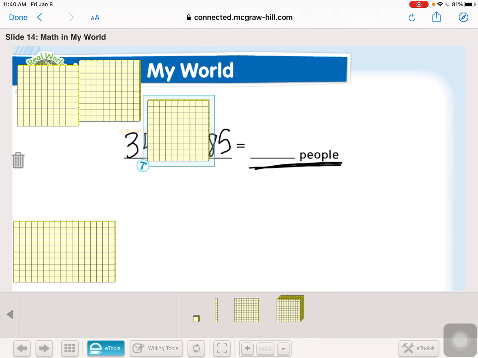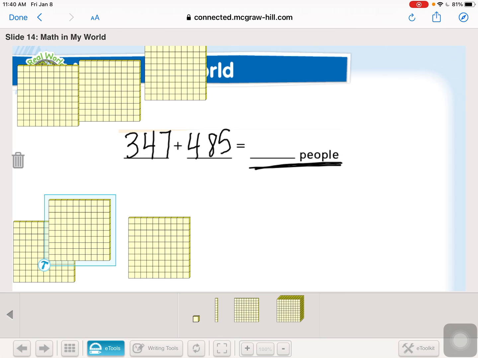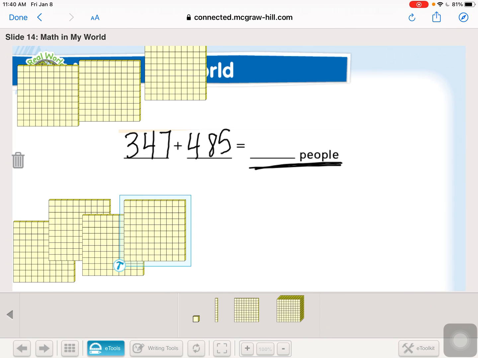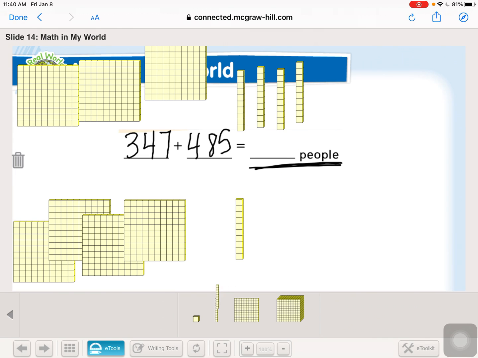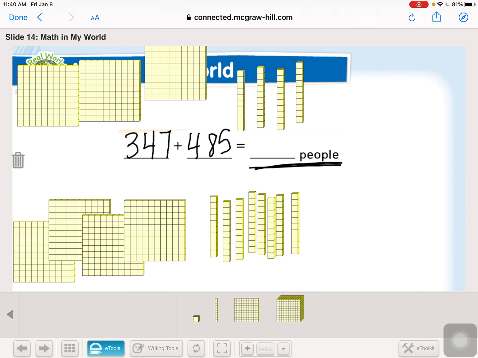Actually, let's move these up. 300, 400, and then 4 tens, 8 tens, and 7 ones, and 5 ones. If you don't have enough hundreds, you can always just draw them too.